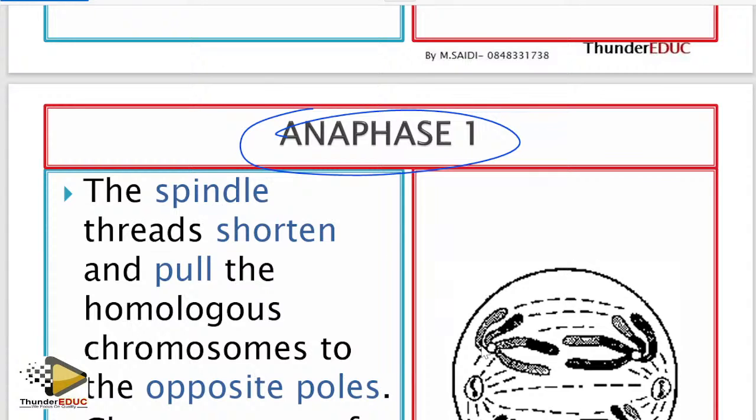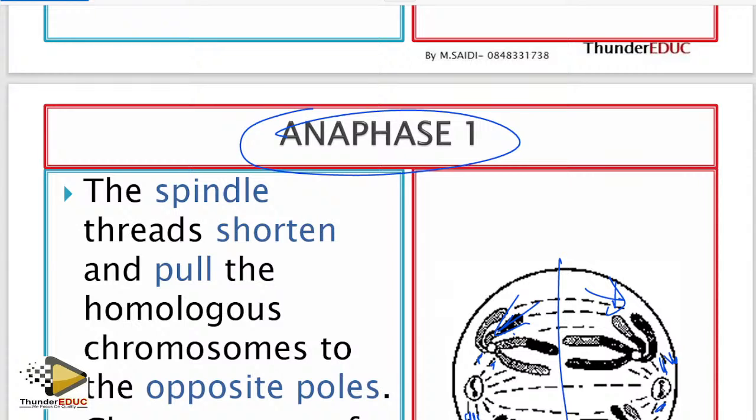In anaphase, these spindle fibers are supposed to shorten. When they shorten, what happens? The chromosomes start to move to opposite poles. You understand? So they split. You see, this one goes this side, that one goes that side.